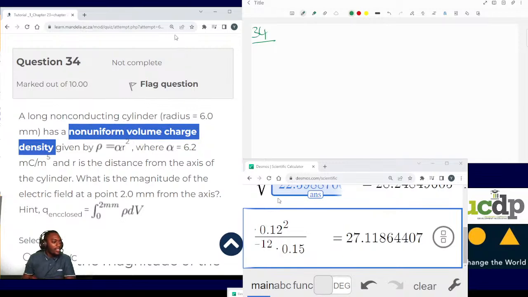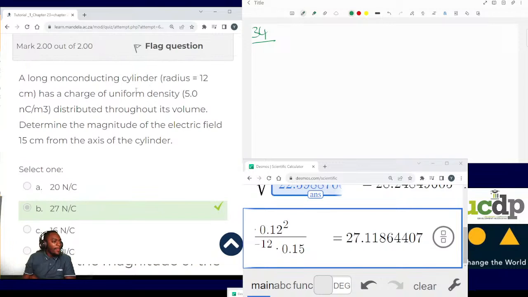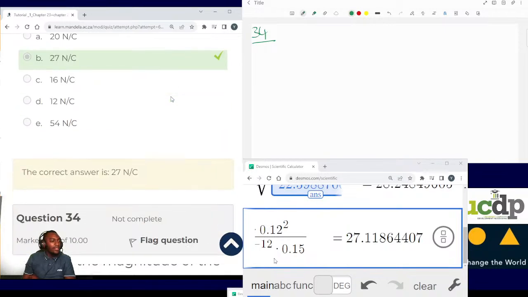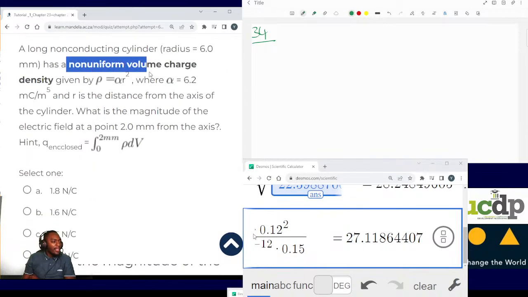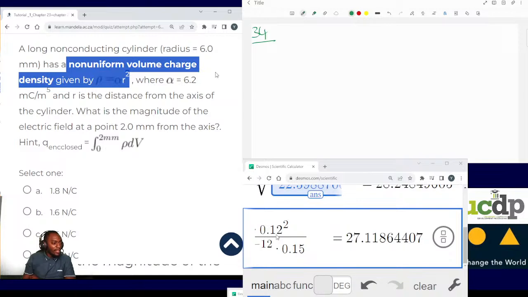Here it's non-uniform. Okay, so it's varying. So let's get onto it and see how we break it down.